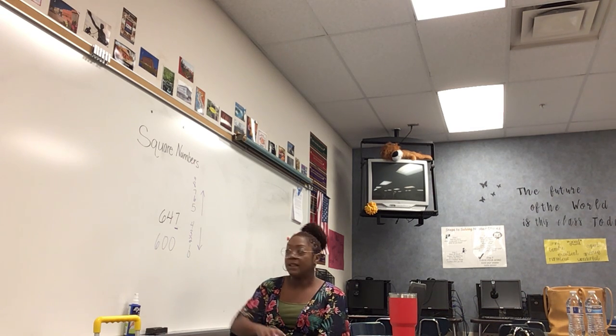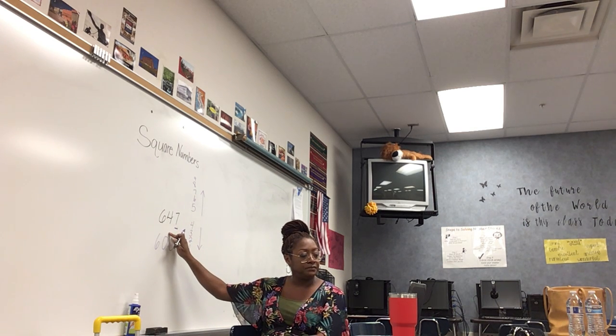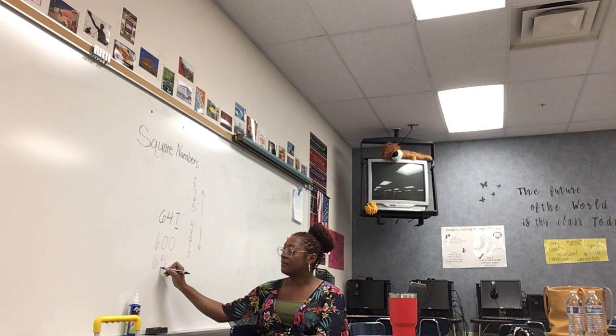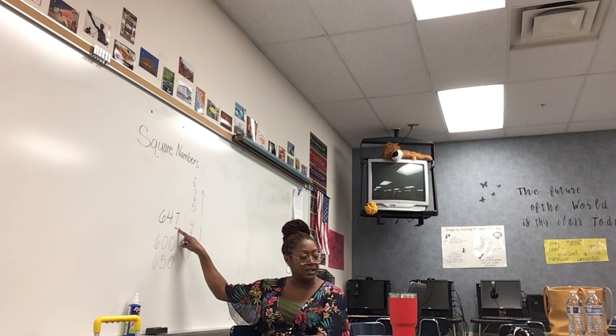Is this 4 going to go up to 5 or is it going to stay at 4? So our number would be 600 what? Nope, just 650 because this 7 is going to go to a 0.